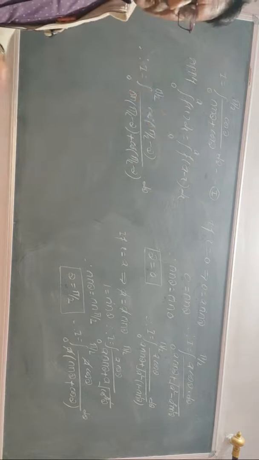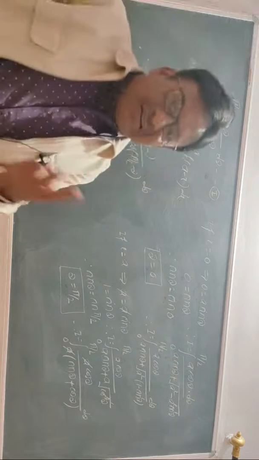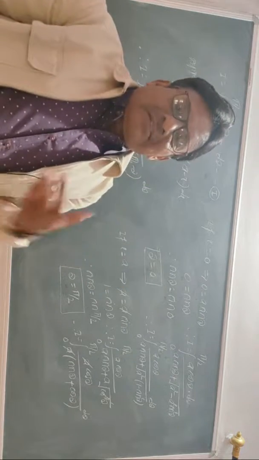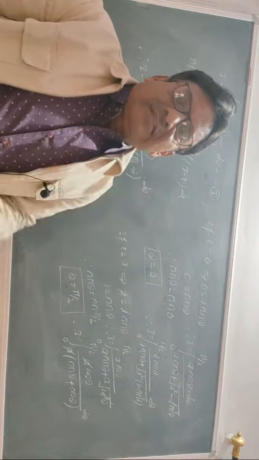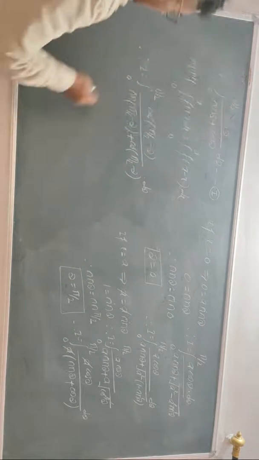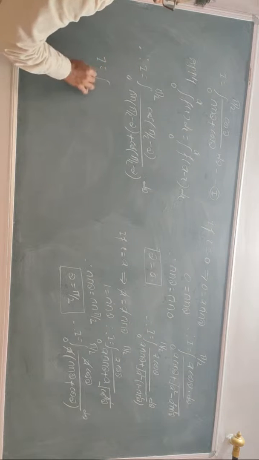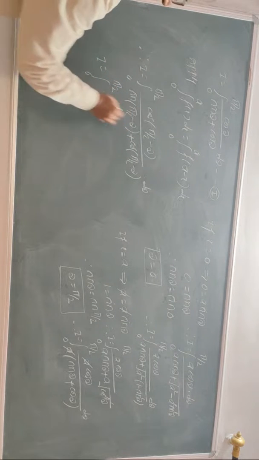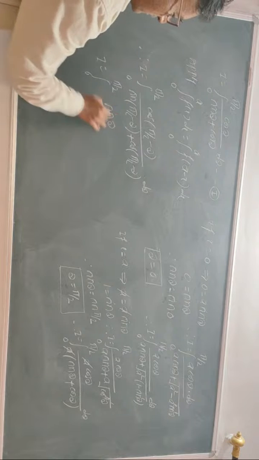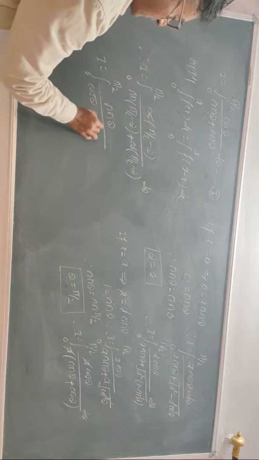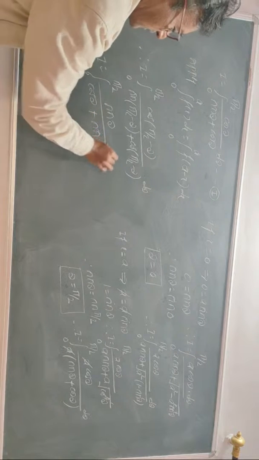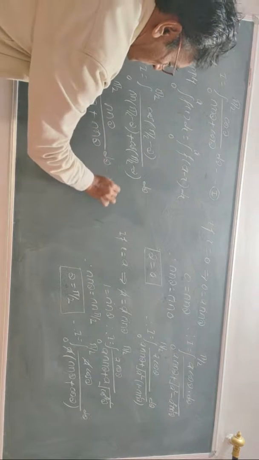Then we use the formulas. We know these two standard results: sin of pi by 2 minus theta is equal to cos theta, and cos of pi by 2 minus theta is equal to sin theta. By using these, I is equal to the integration from 0 to pi by 2 of cosine converts to sine, so sin theta, upon sine converts to cosine, cos theta plus sin theta, into d theta. This is equation number 2.